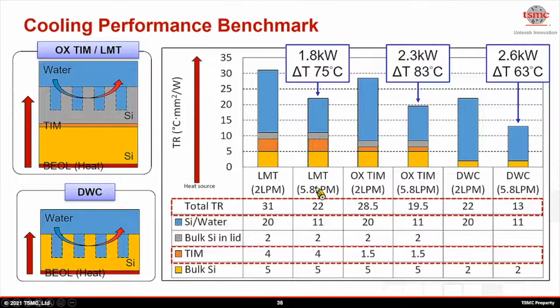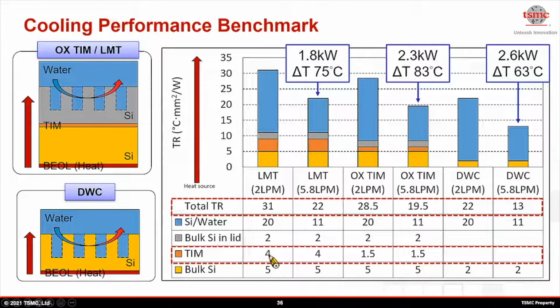For each scheme, we have 2 liquid flow rates. We can just focus on one of them. Take the 2 liters per minute flow rate as an example. We compare the liquid metal tin versus oxide tin versus direct water cooling case.